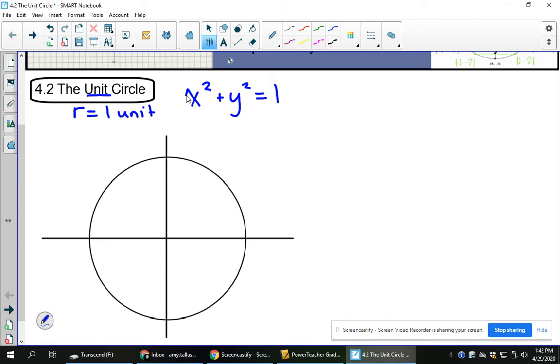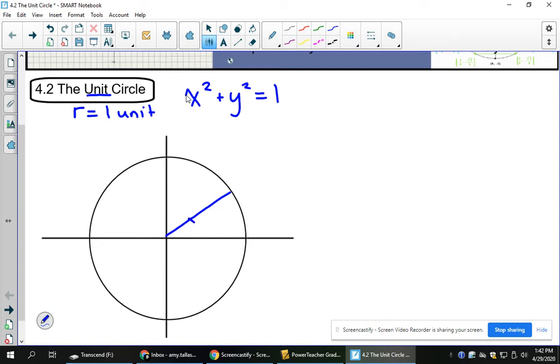That 1 makes it really easy for us to create some ratios that I'm going to show you how we use in this lesson. So what happens in trigonometry, we did this in grade 11, is we take some kind of terminal arm out of the center of the Cartesian plane.